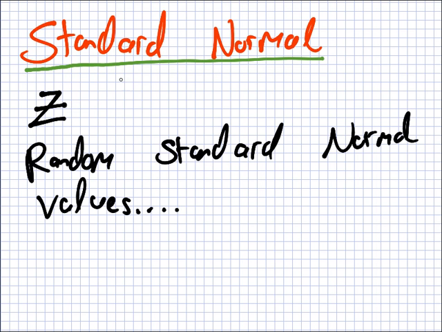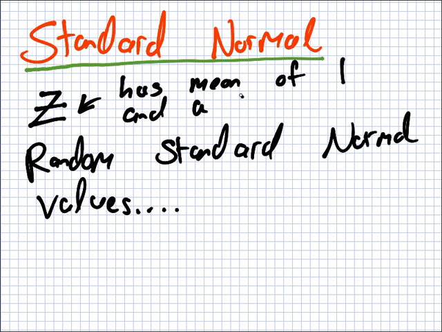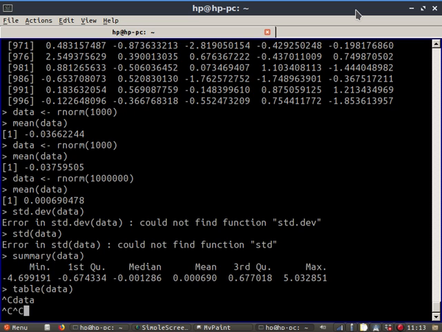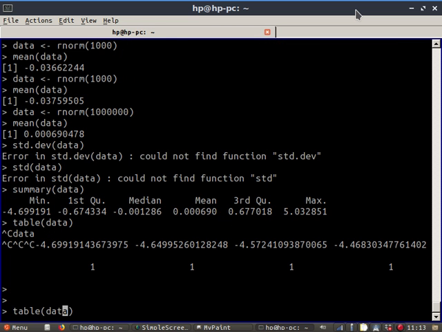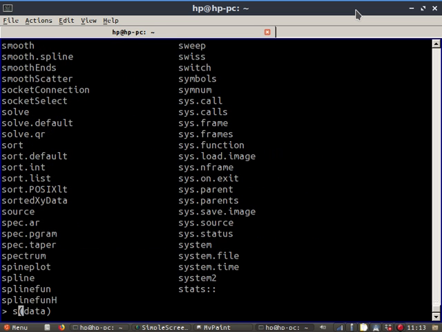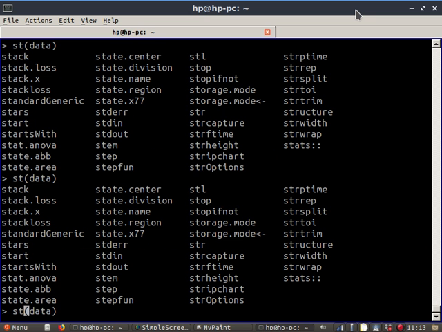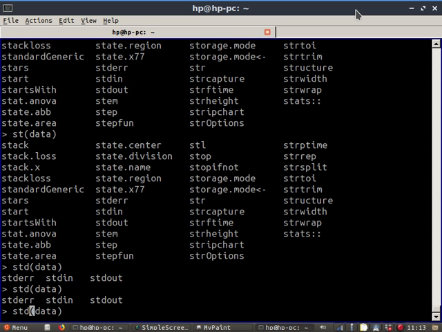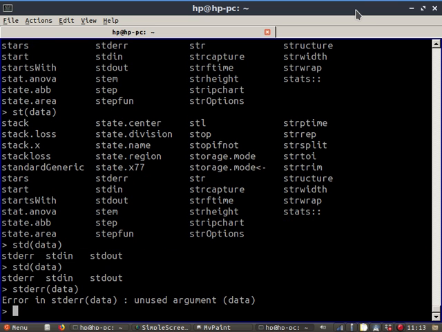So one fact about this is it has a mean of 0 and a standard deviation of 1. I'll have to look up the function.